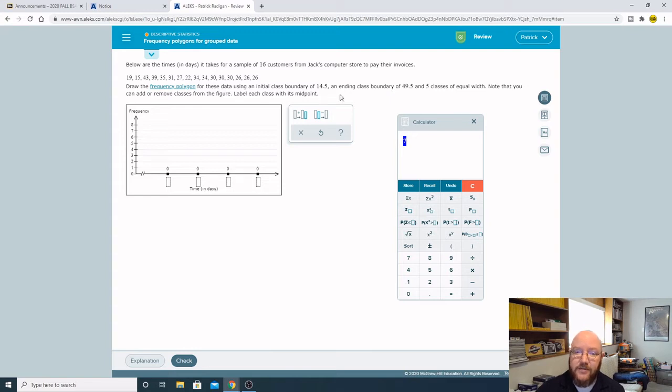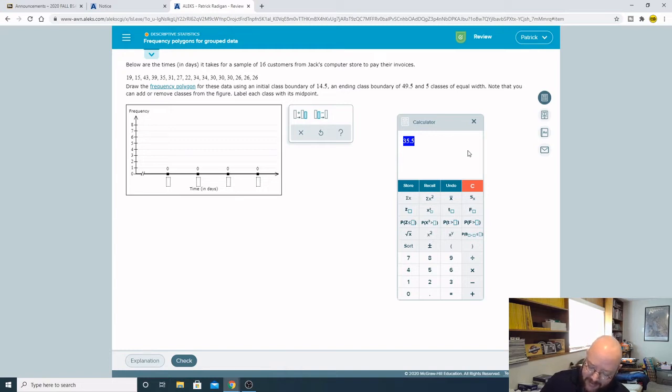Let's take this first one, 14.5, add 7. My first class is going to be from 14.5 to 21.5. My next class starts at 21.5 and goes all the way to, add 7, 28.5. My third class starts at 28.5 and goes to 35.5.